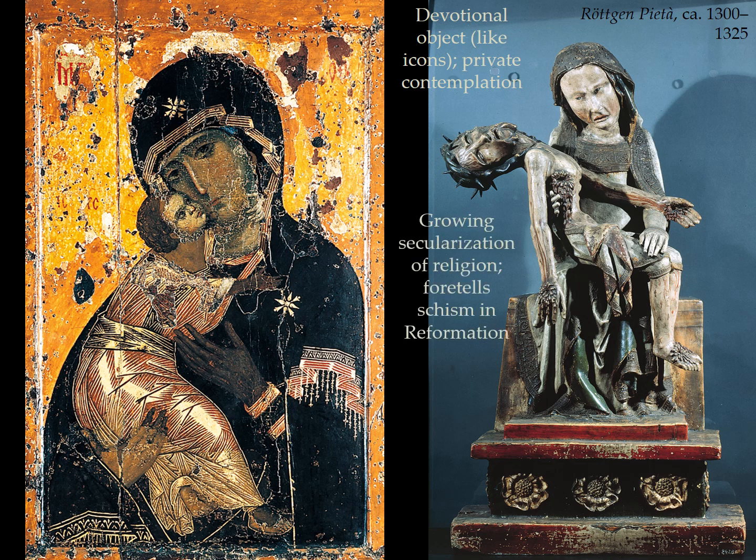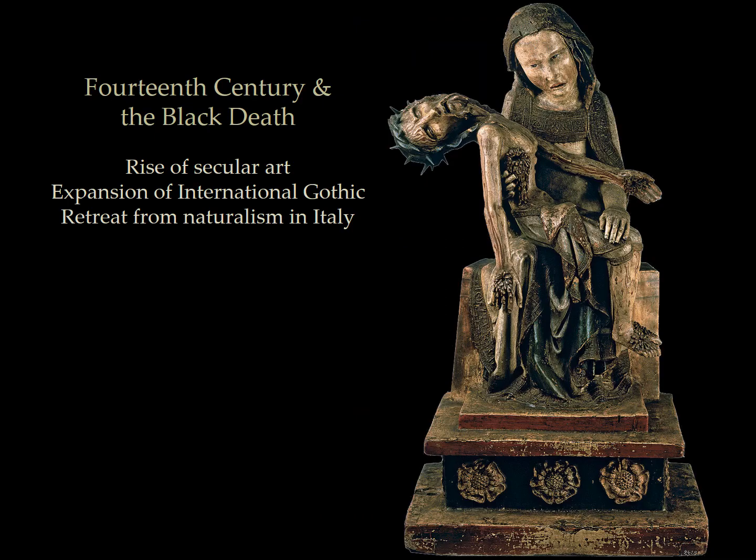Thus, this foretells the schism that will lead to the Reformation. In Germany, the home of the Reformation and Martin Luther, which separates from the Catholic Church, there is a demand for a personal relationship and understanding of the Bible and of the holy figures. So this merely foretells that particular approach to worship and religion.